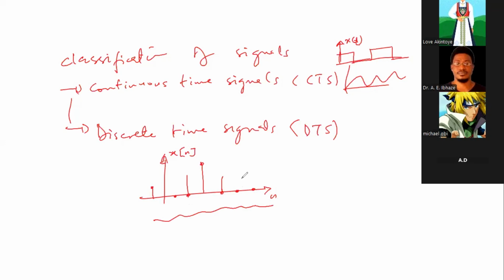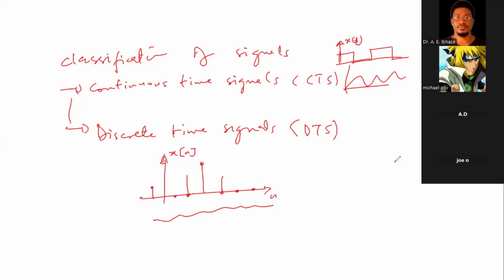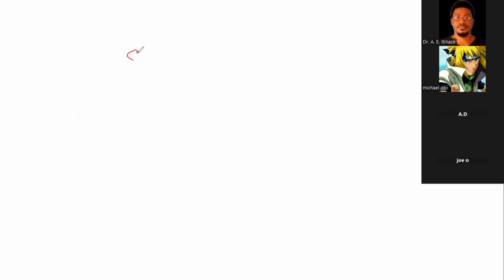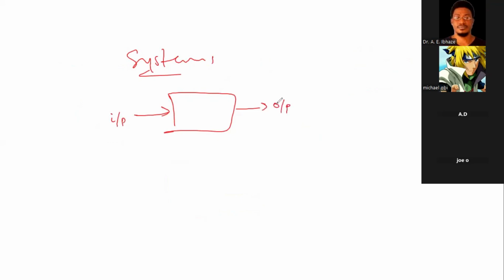Now, in the same vein, we equally have systems. When we talk about systems, just like you already said, we want to describe something that can take on the input and then give us an output.